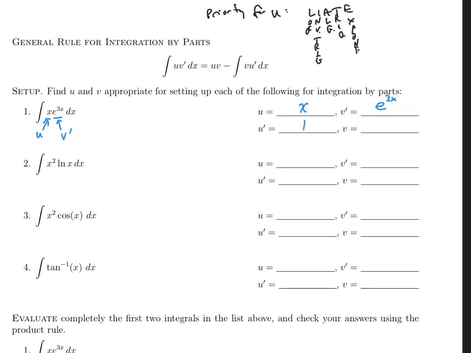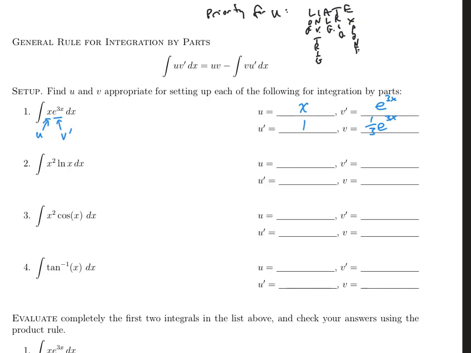Now by contrast, here I have v prime and I want v. That's an antiderivative question. So if you tell me that v prime is e to the 3x, then I know that v is 1/3 of e to the 3x. So I have to use my basic antiderivatives in order to be able to do that.